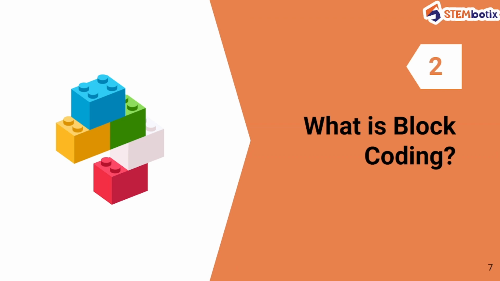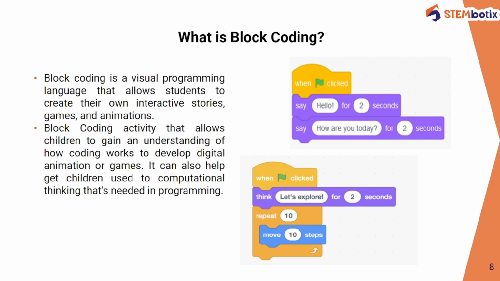Now, let us see what is block coding. This was all about programming. Programming is to give instructions to computers to perform a specific task. Now, let us see what is block coding. As you can see over here, in block coding, you will see different types of blocks with different colors and different shapes.